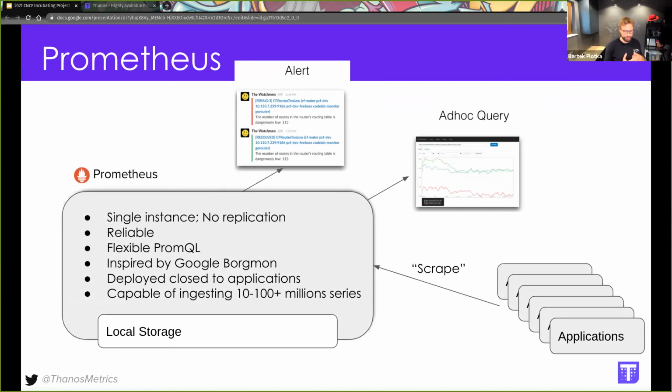Secondly, it's such a simple project, but so powerful. You can have everything in one package, in one instance, in one binary. There is no replication, but in many cases, you don't need that. And this is unnecessary complexity that you can ignore. And you have flexible PromQL. It's standing on the shoulders of giants, like Google Borgmon, which is a really similar solution.